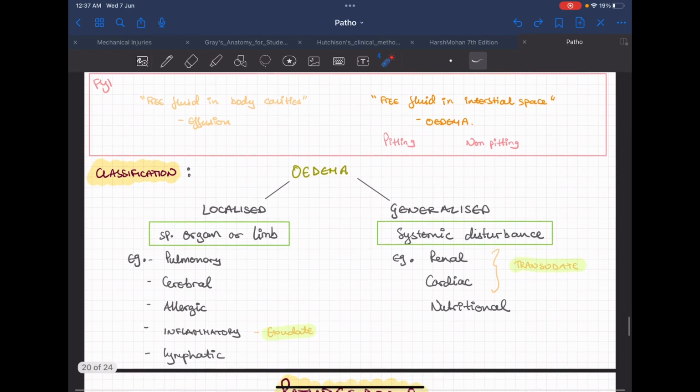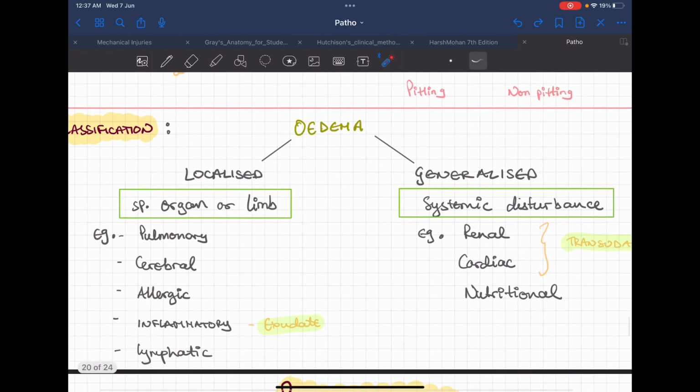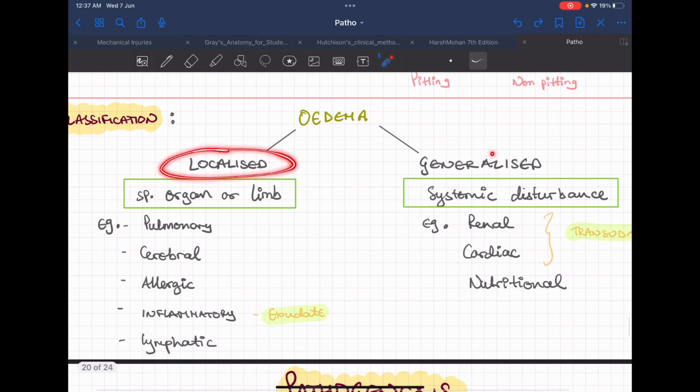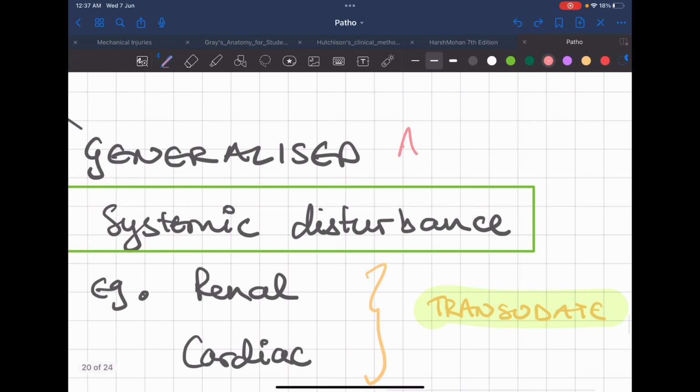So now we move on to the classification of edema. Edema can be classified into localized edema and generalized edema. Localized edema is limited to a specific organ or a limb, and generalized edema results in a systemic disturbance, where the whole system gets affected. Generalized edema is also known as anasarca or dropsy.